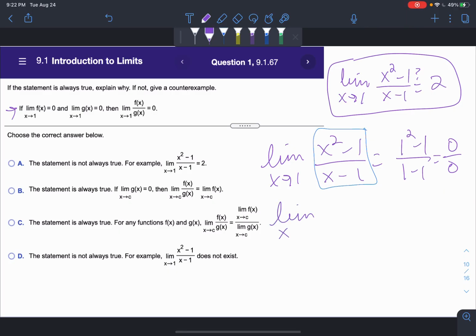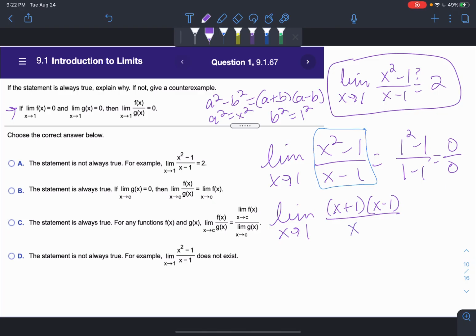One thing I know is that there's a difference of squares in my numerator. Remember when we did this earlier? Difference of squares: a squared minus b squared equals a plus b times a minus b. Here my a squared is x squared and b squared is 1 squared. So we can rewrite the numerator as x plus 1 times x minus 1.